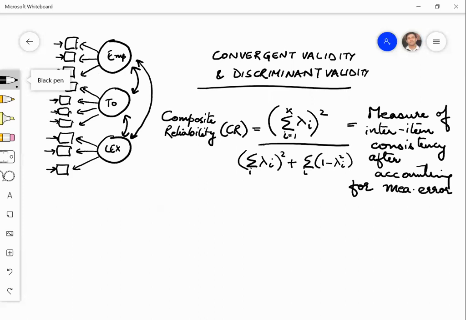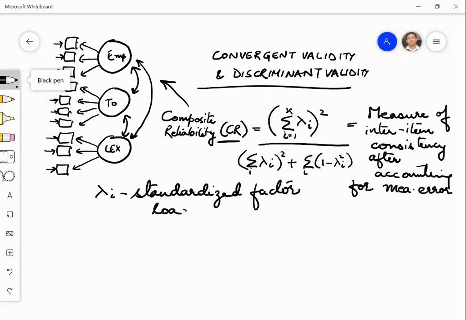So this CR is computed from the measurement model. What is lambda i? Lambda i, remember, is always the standardized factor loading.